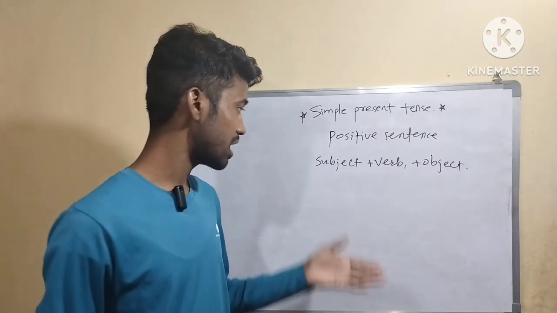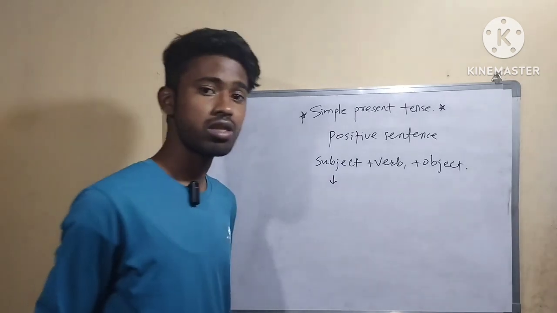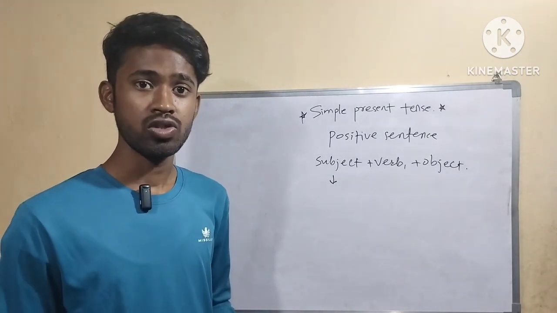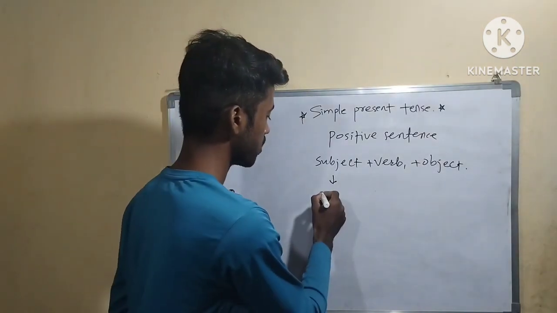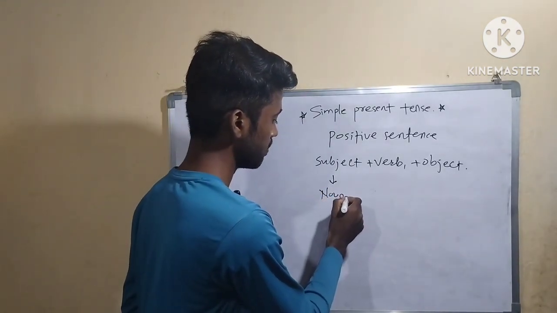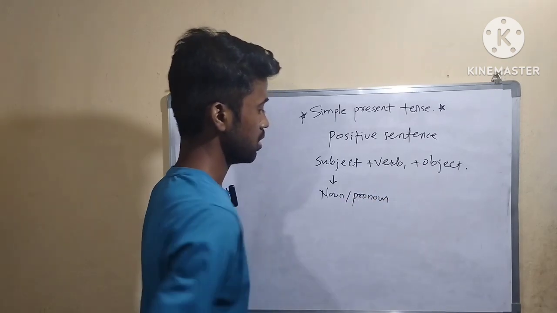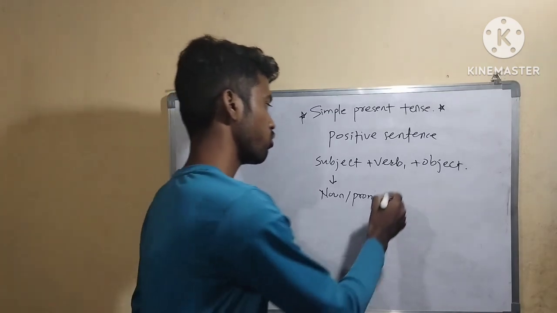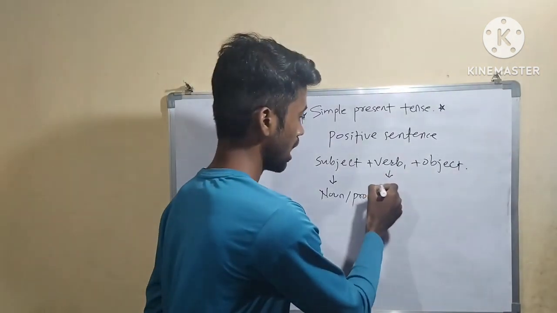Now here try to understand what is subject. Subject is a person or thing which performs the action in a sentence. So if I want to tell in grammatical terms, subject can be noun or pronoun. A subject of a sentence can be noun or pronoun. So verb, you know, it is an action word.